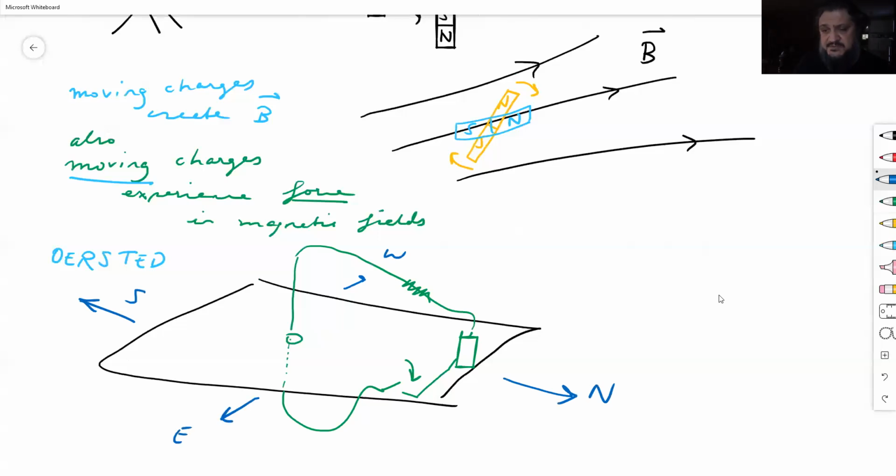So what do you expect? The compass would line itself in the north-south direction, right? This is your compass. It doesn't matter where you put your compass. The switch is not on yet, so it'll always align itself with the geographical north, whether you're here, there, or there.